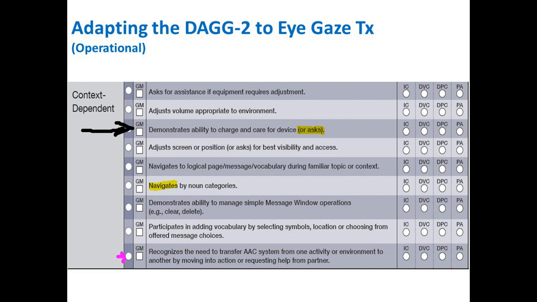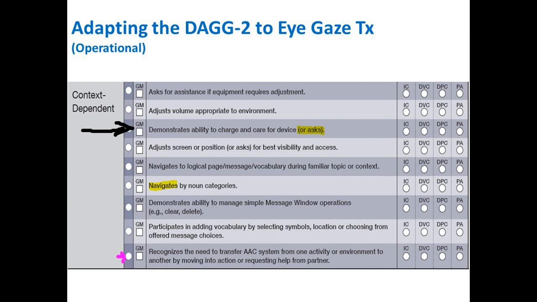And so if they can monitor it, then they should be able to communicate to the caregiver to plug it in. And you should be making sure they have a way to ask for that, a way to state that. That's important communication about their device.